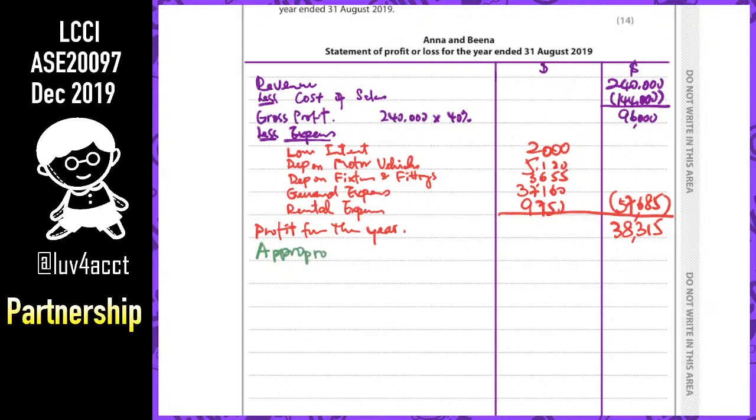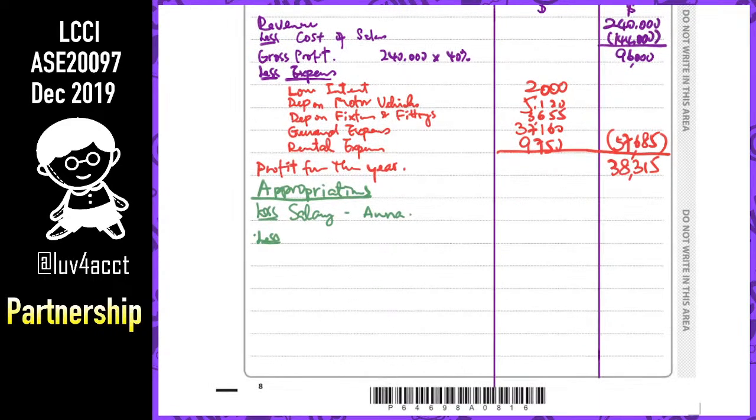After this, appropriations. You can also call it the appropriation section. My usual way, I will write salaries first, less salaries for Anna. Do we have enough space? 1, 2, 3, 4, yes, I think so.